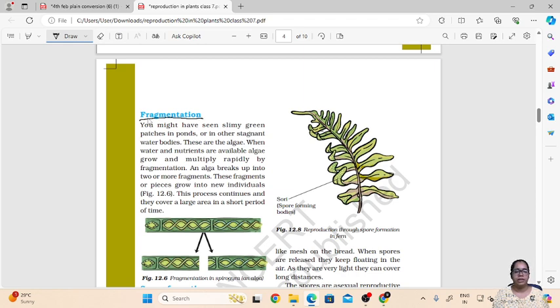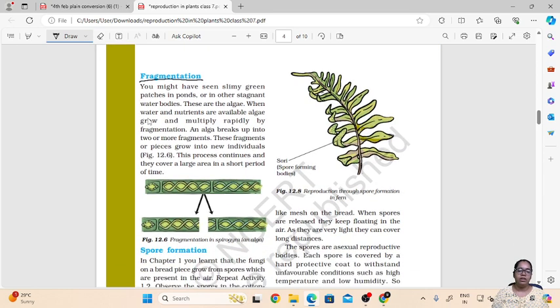So fragmentation basically takes place in algae and other organisms. Here for explaining fragmentation we have the example of an algae called Spirogyra.